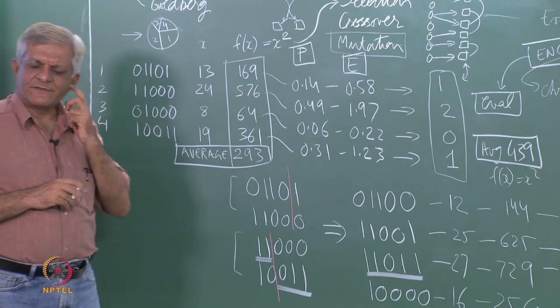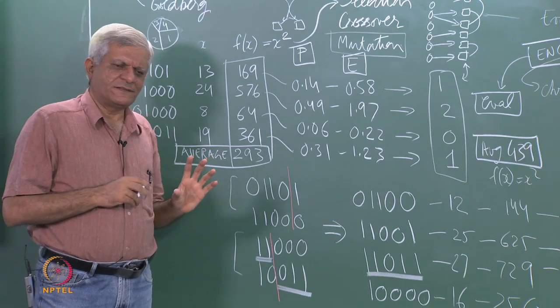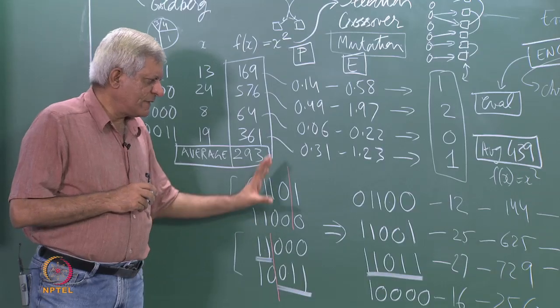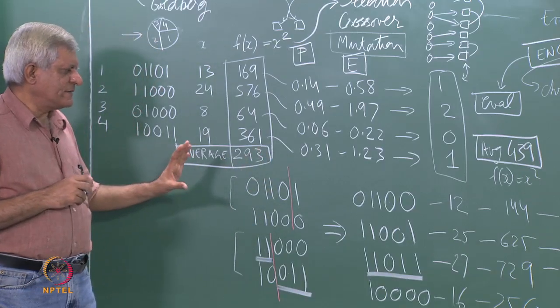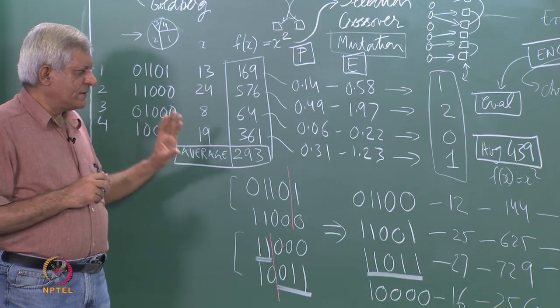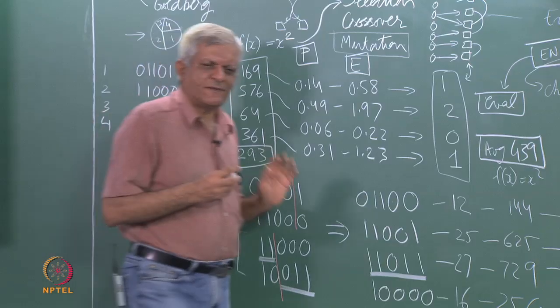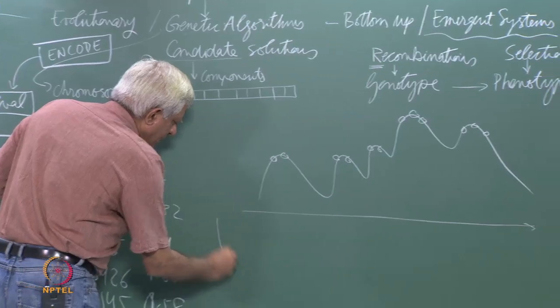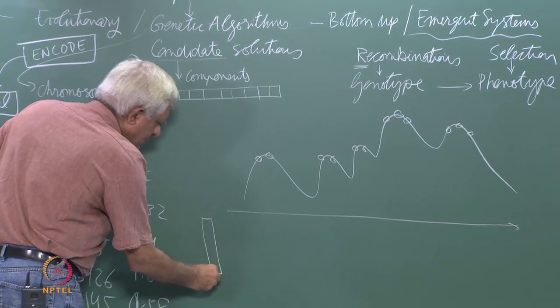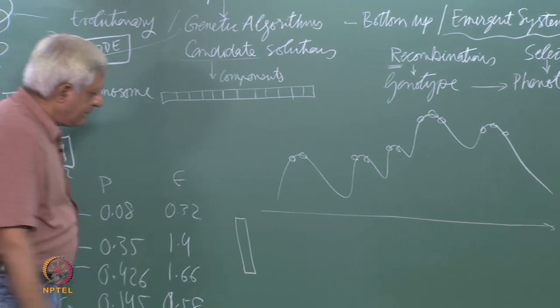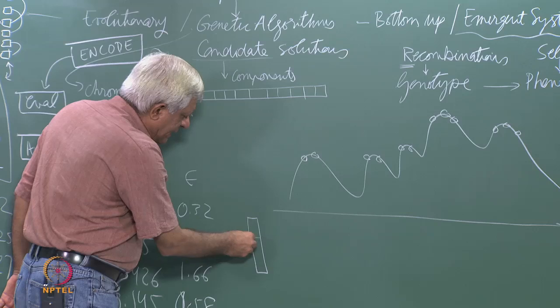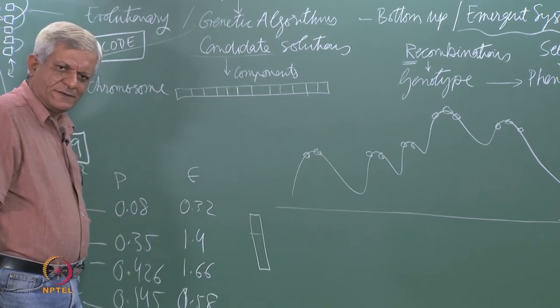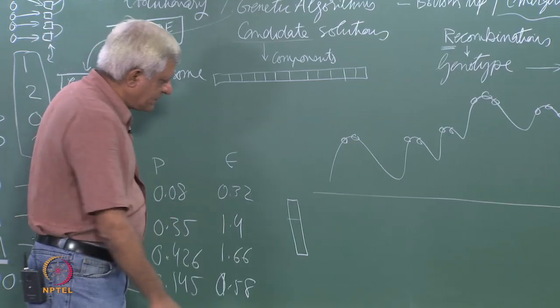One more aspect that we discussed in the last class, we have not mentioned it now, is this. Some people have done it as follows: you have a population of some size, then you take the most fit members, let us say k most fit members.